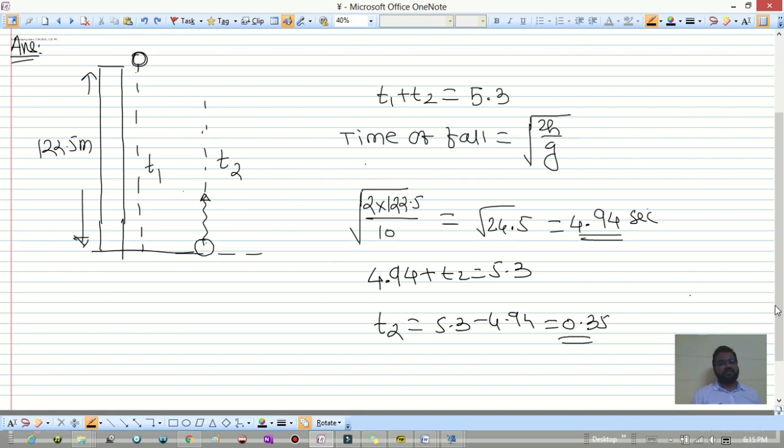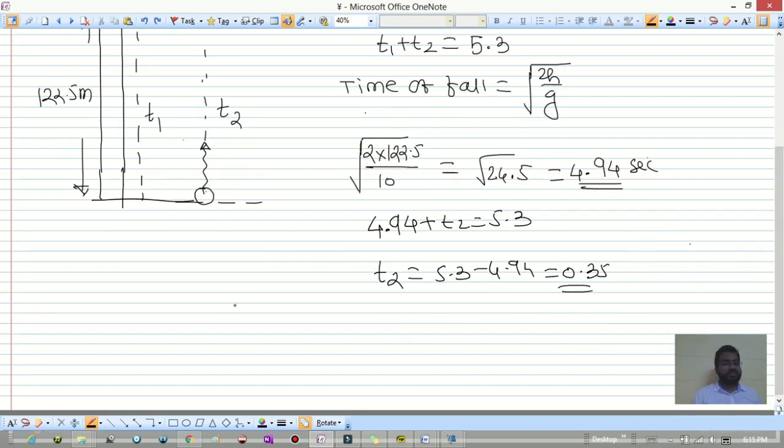In terms of distance and speed, time t2 is equal to distance by speed. The speed is the speed of sound. The distance it has to travel is 122.5, in a time of 0.35.